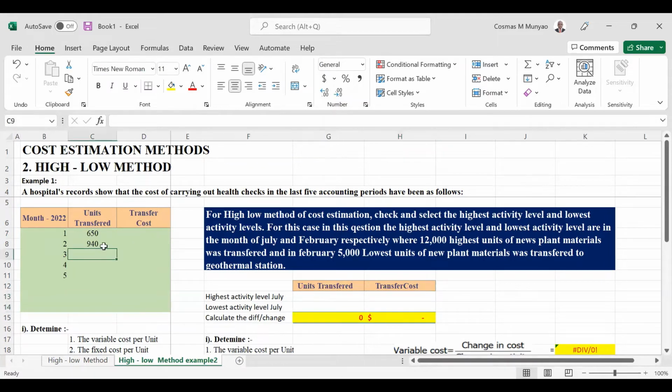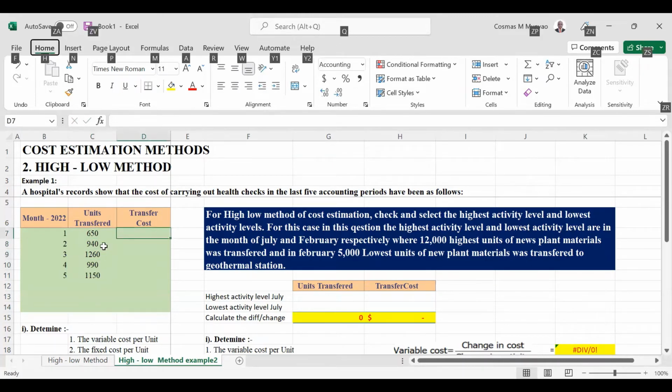Then period 3 is 1260. Period 4, 990 units. Then period 5, 1150 units.